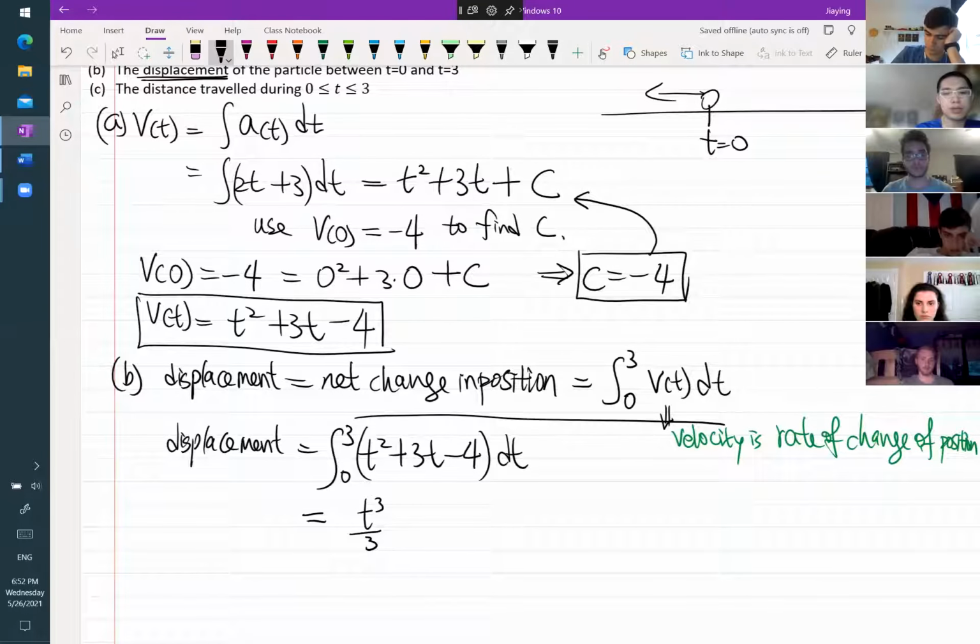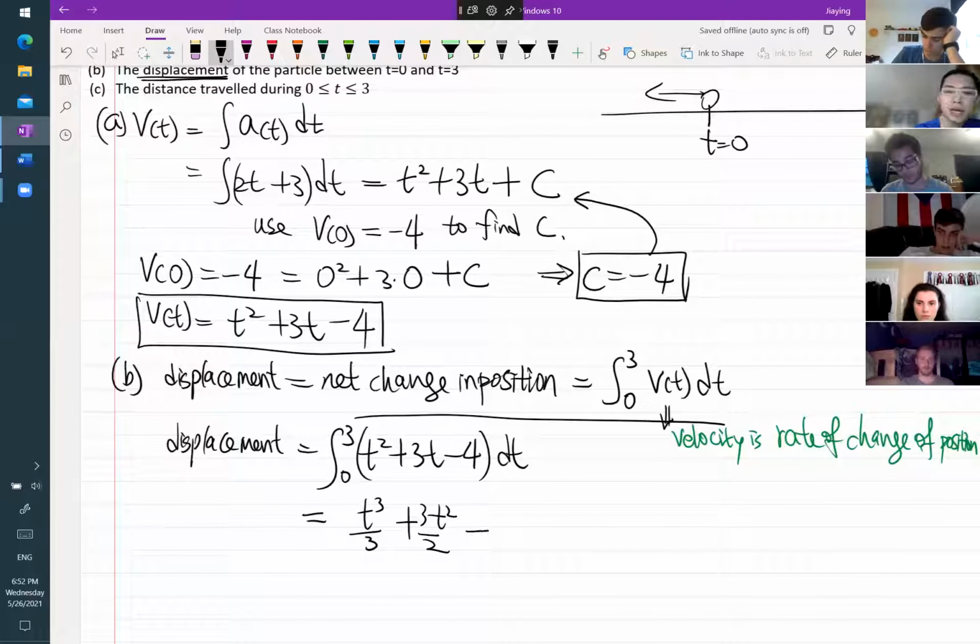And then the middle term gives me t squared, but then I have to divide by 2, so that's 3 over 2 t squared. And then the next term is negative 4, so that's negative 4t. And there's a C here, but we remember we don't need to add a C when we evaluate definite integrals. We're going to evaluate this function from 0 to 3.